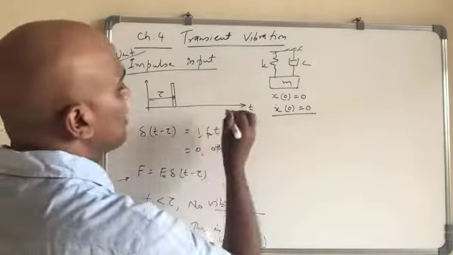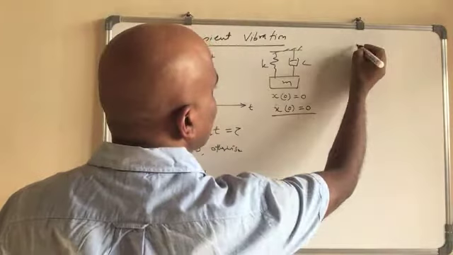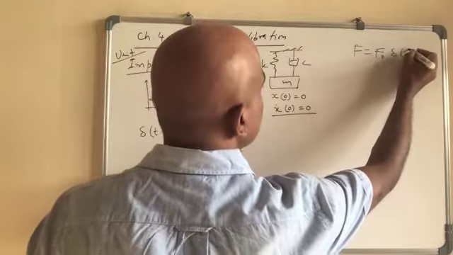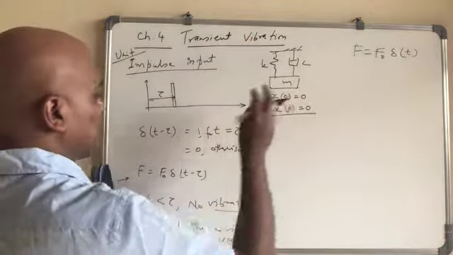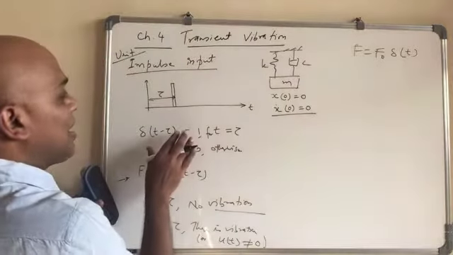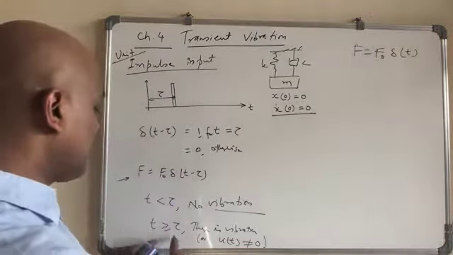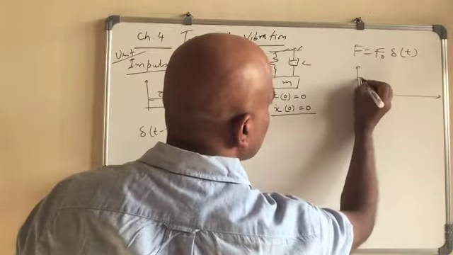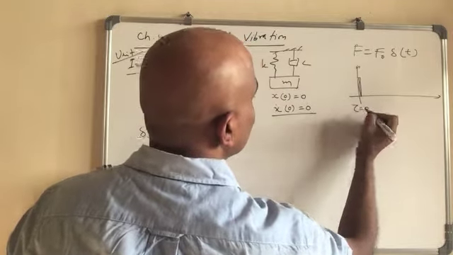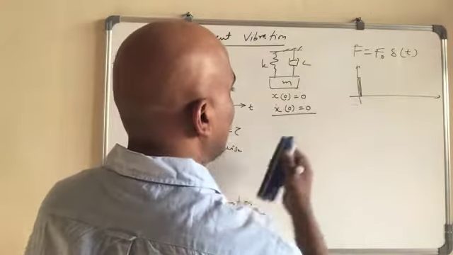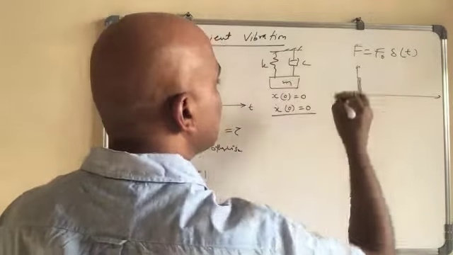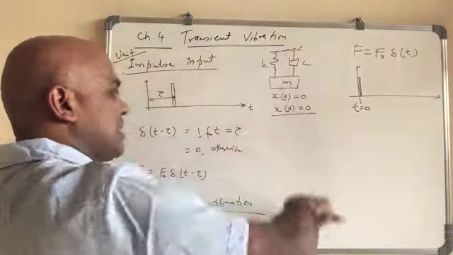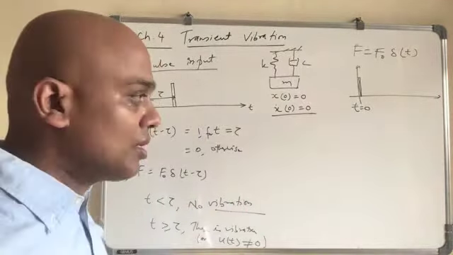So this problem, you can also rewrite as F equal to F naught delta t. If we know the solution to this one, we can also find the solution to the other. This really means the force is being applied at t equal to 0 itself, one impulse applied suddenly and released.